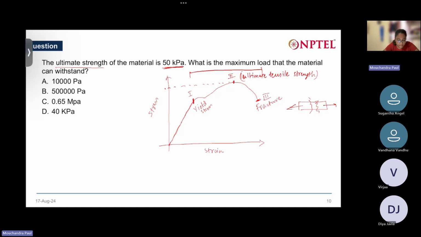A, B, C, D. Kilopascal means 10 to the power 3. Right. Megapascal means 10 to the power 6.